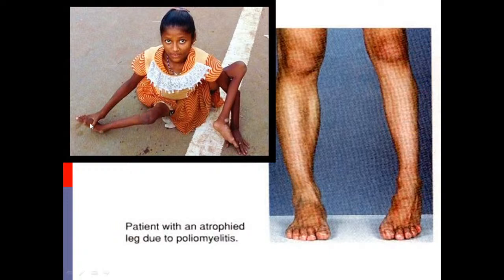What is the result of flaccid paralysis? It is atrophy of muscles. Muscles are atrophied. That's why such a child is never able to walk normally, and the muscles never remain normal.